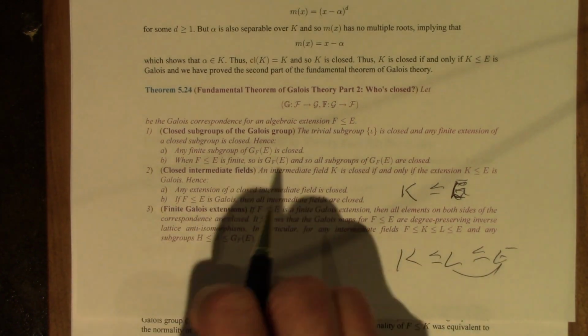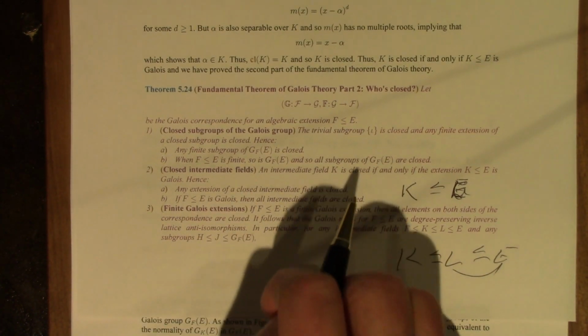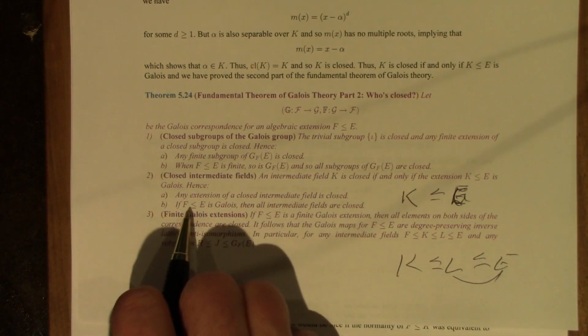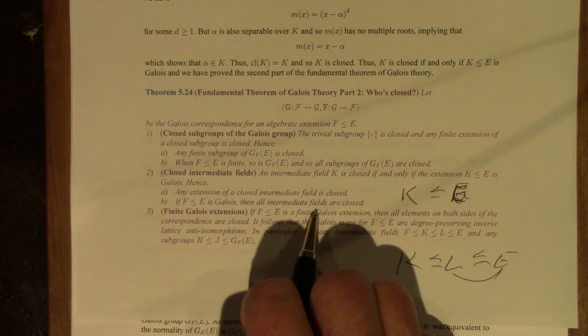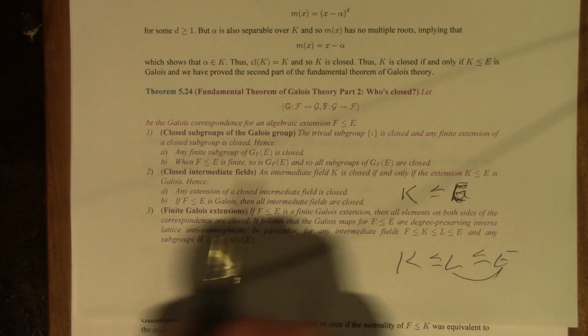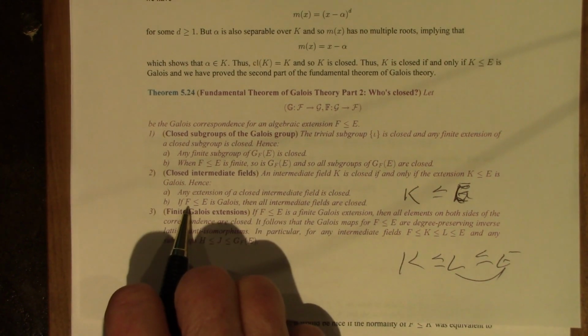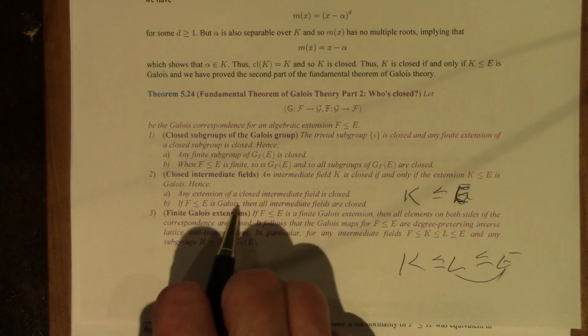So any extension of a closed intermediate field is closed. Also, if FE is Galois, that means that all intermediate fields are closed, because then F is closed and any extension is therefore closed.